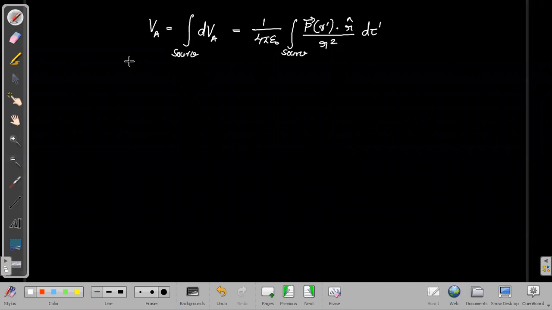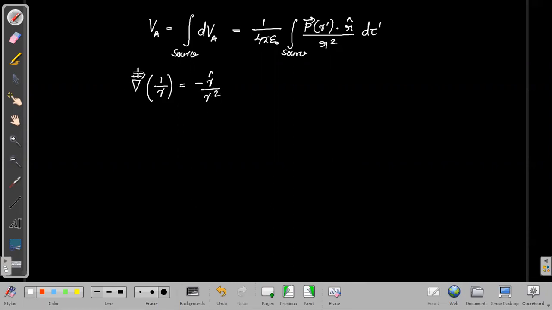Okay, so in order to modify this expression, first we look at what is del of 1 by r. If you do it very carefully, this del of 1 by r is simply minus r cap by r square.